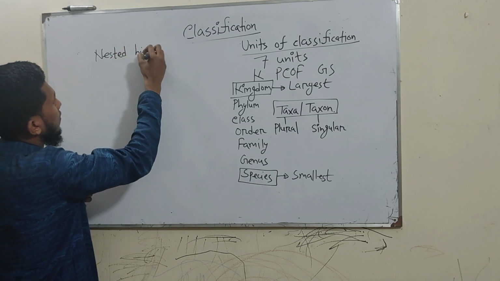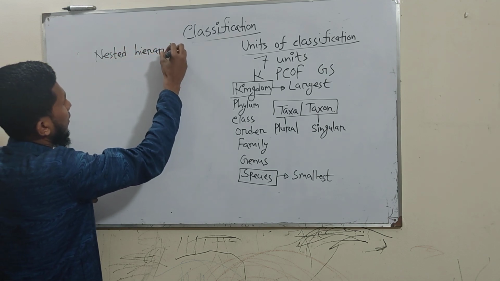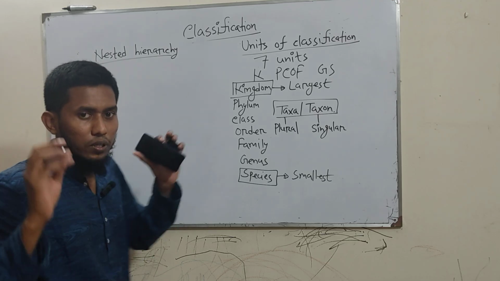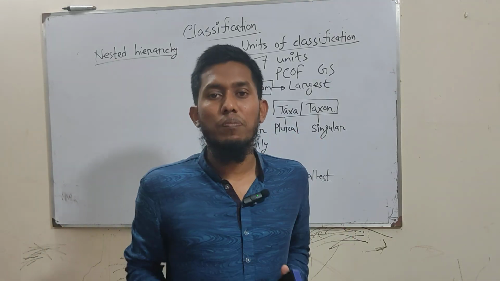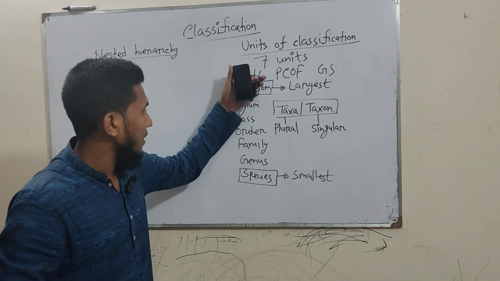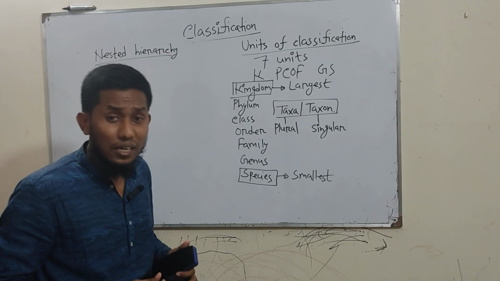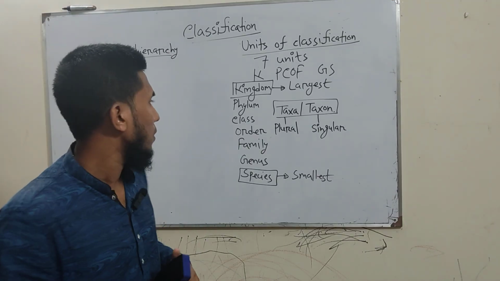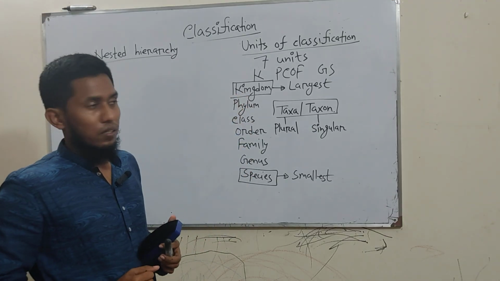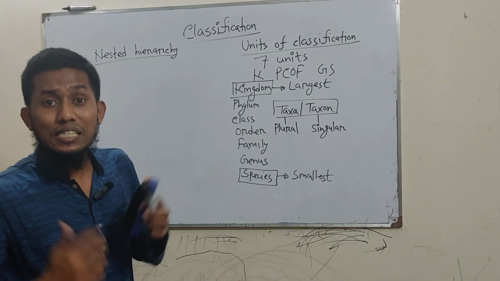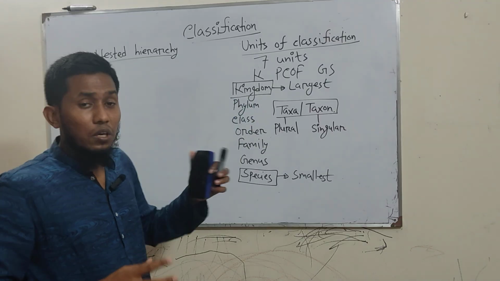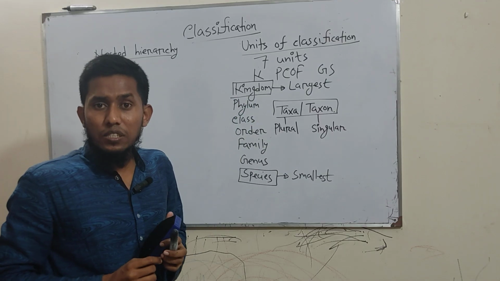Nested hierarchy. We already know there are 7 units of classification.